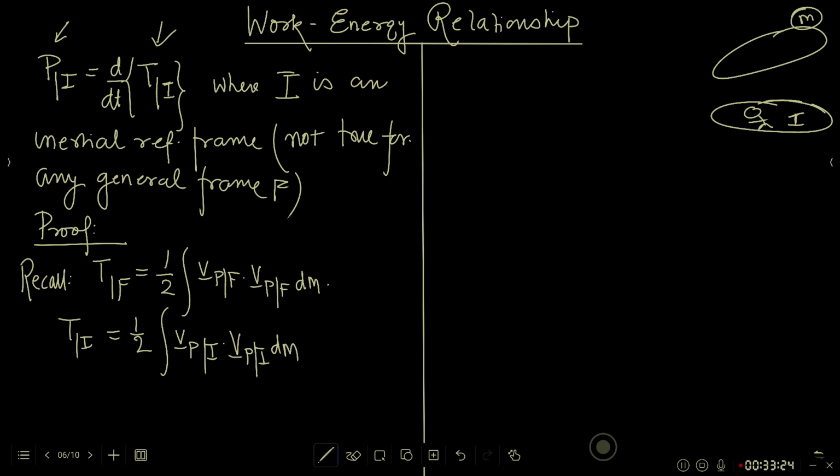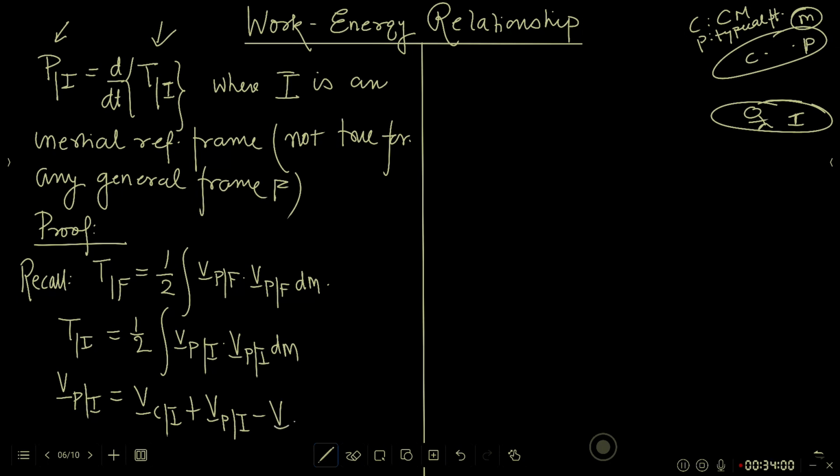Here P is a typical point and C is the center of mass. Let's write V_PI by adding and subtracting V_CI. Substitute V_PI from 2 in 1.